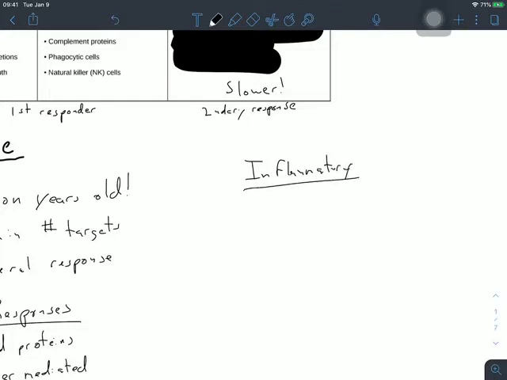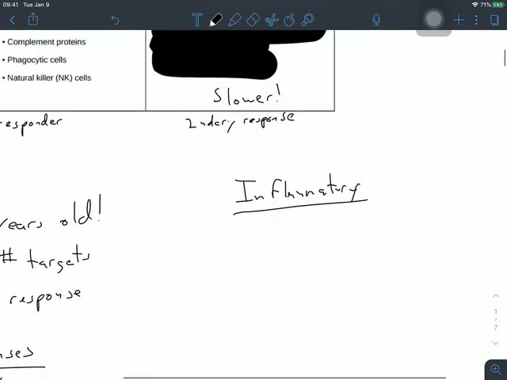Now, the inflammatory response is probably something that you're very familiar with. Because anytime that you bump into something, your body might think that, oh crap, something's attacking me, I better inflame a little bit, because you're just trying to increase water and blood flow to the area.